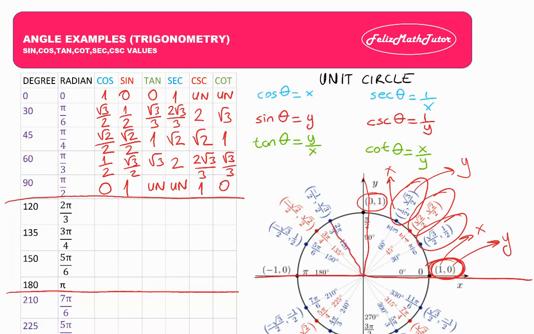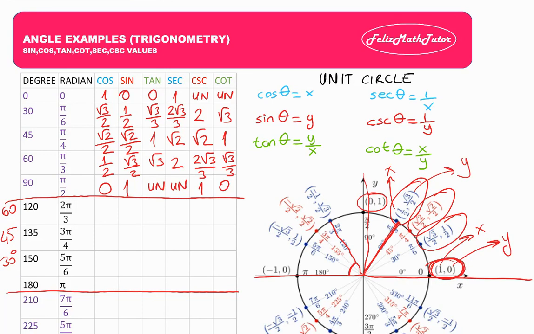This is my 120. So reference angle here is 60 degree. So it will be same with these values. So 120 will be same with 60 degree. 135 similarly will be same with 45 degree, and 150 will be same with 30 degree. Only difference is signs.